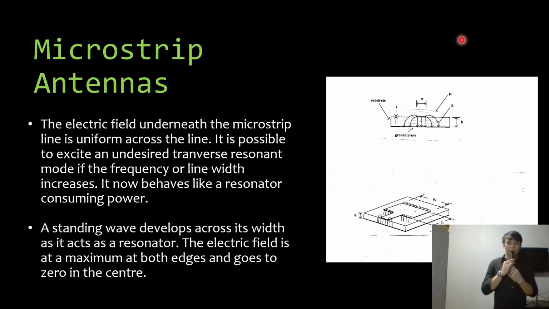So it now behaves like a resonator consuming power. A standing wave develops across its width as it acts as a resonator. So the electric field is at a maximum at both edges and goes to zero in the center.